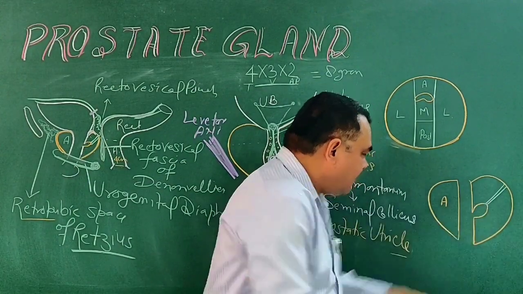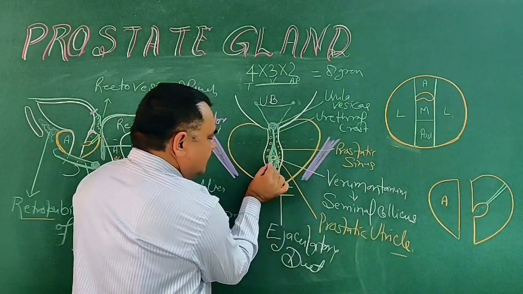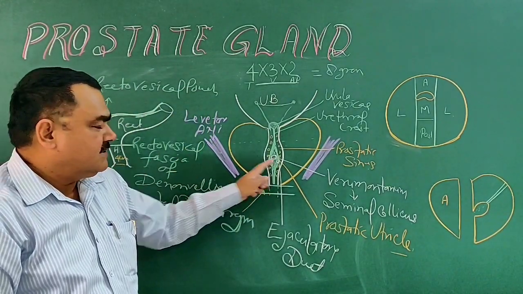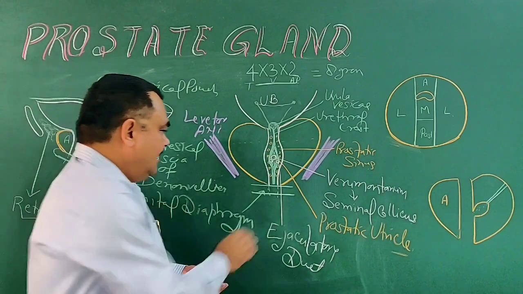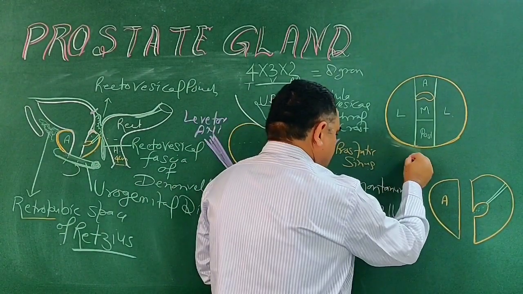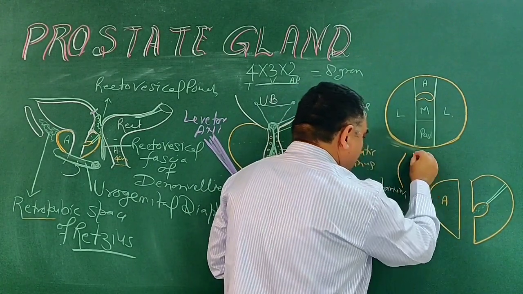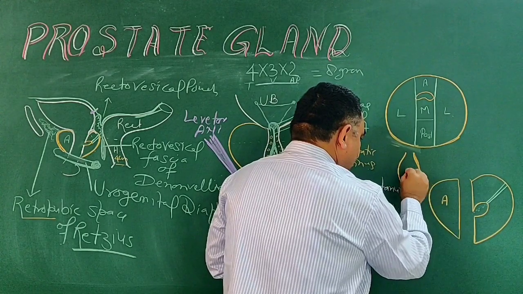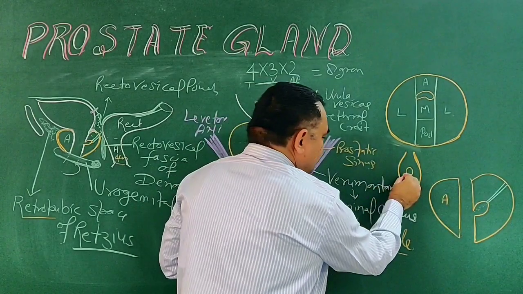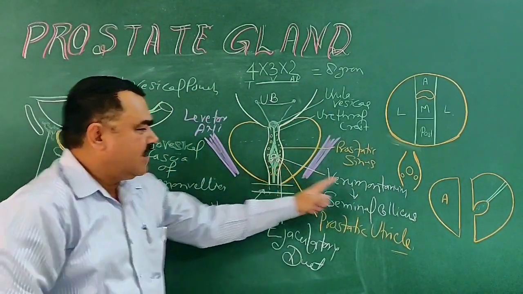Here are two openings of the ejaculatory duct. If you enlarge this diagram, you can see this is the position of verumontanum, and here is the opening of the prostatic utricle, and here is the opening of the ejaculatory duct. So two ejaculatory ducts open here.